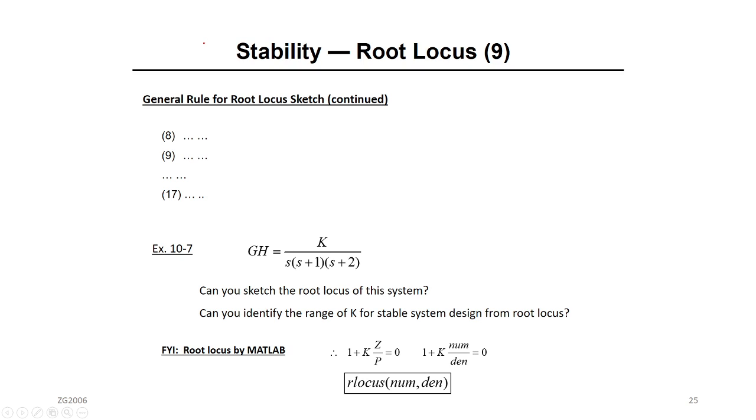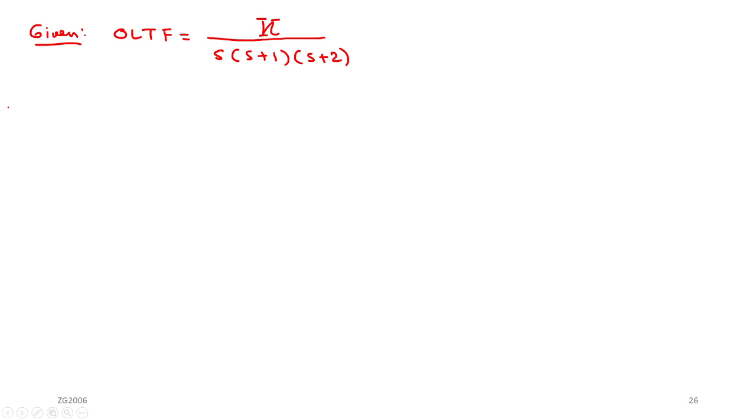Okay, so given, this is given: the OLTF, the open loop transfer function of a control system, is given as K, the controller, over S(S plus 1)(S plus 2). This is the open loop transfer function, right?